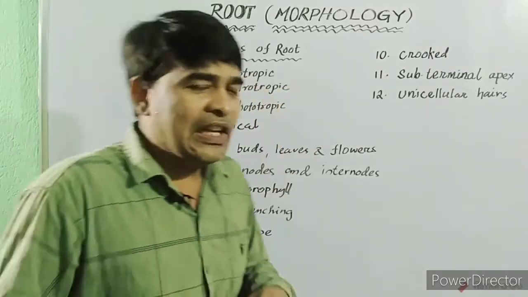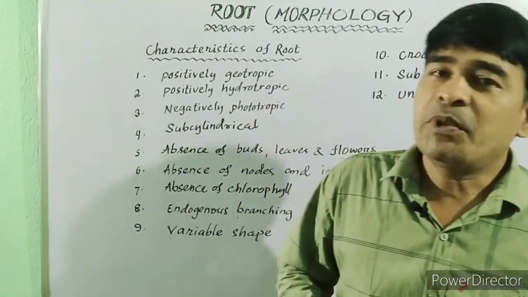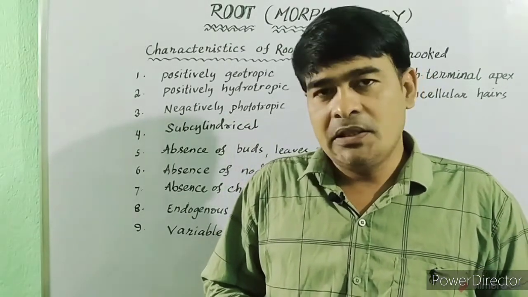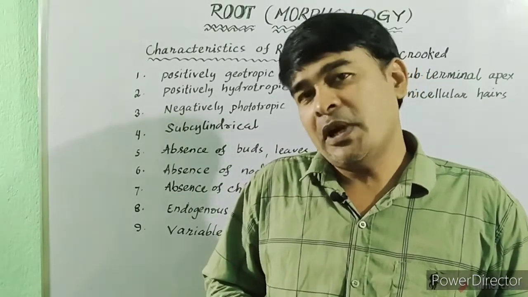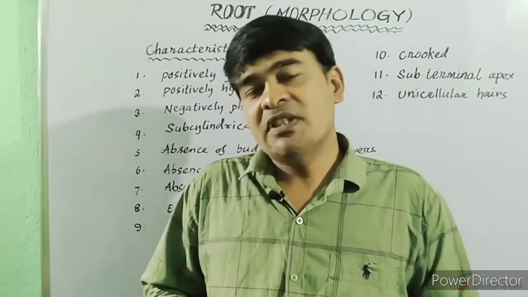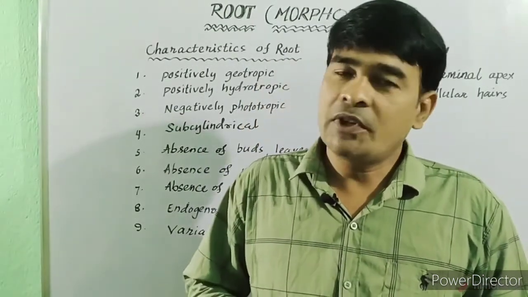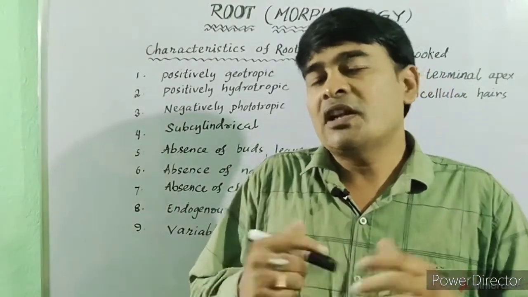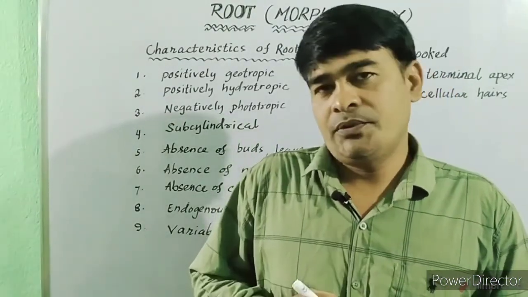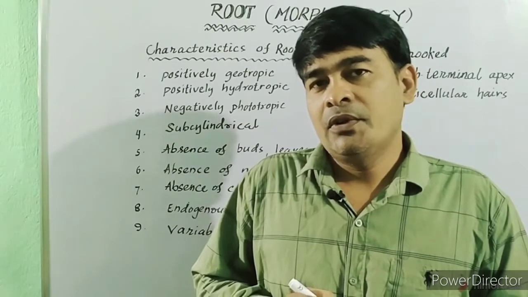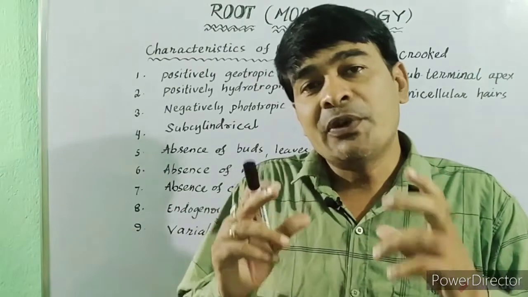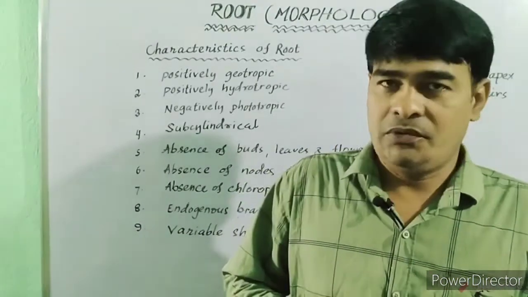So as you know, there are different types of plants, which are algae, bryophytes, pteridophytes, gymnosperms, and angiosperms. All these plants do not have roots. Only the angiosperms, gymnosperms, and a few pteridophytes have root.